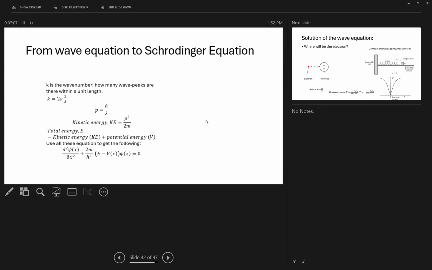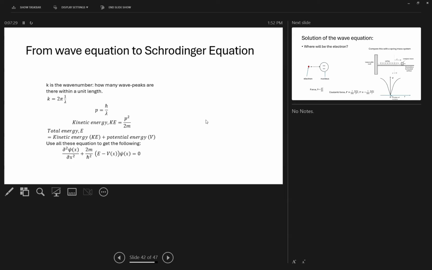Because it contains the wave equation itself. It also contains Newton's equations that provide the relation between energy and the momentum and mass of a particle. So this is the final equation that people talk about a lot in quantum mechanics. It's called the Schrodinger equation, okay?